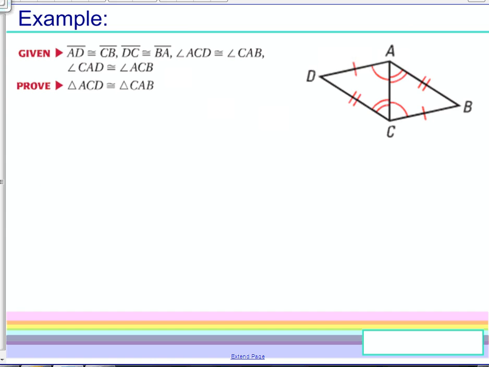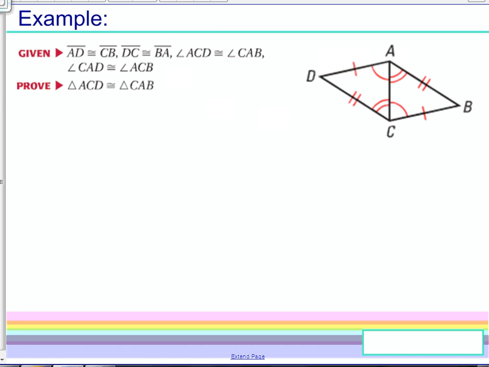Okay, so here's a quick example of a proof. It says given segment AD is congruent to segment CB, and segment DC is congruent to segment BA, and then angle ACD is congruent to angle CAB, and angle CAD is congruent to angle ACB. In our particular drawing, they've already included those markings for us.